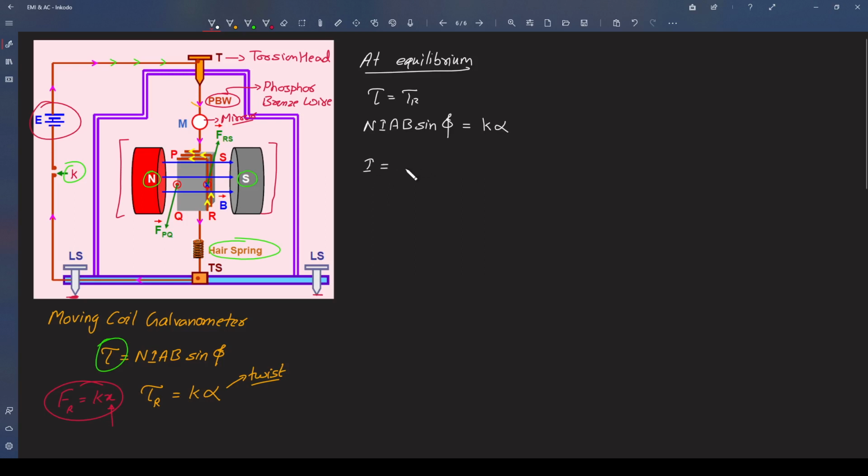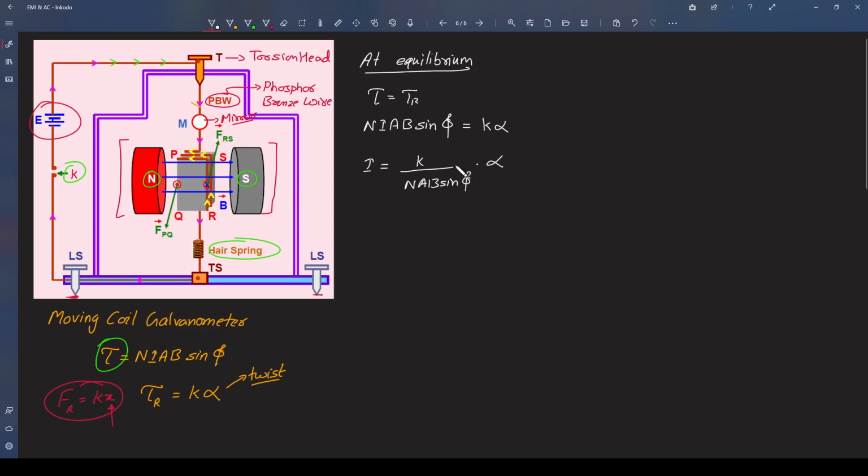From this expression, I is equal to K divided by NAB sine phi into alpha. Alpha is the twist.